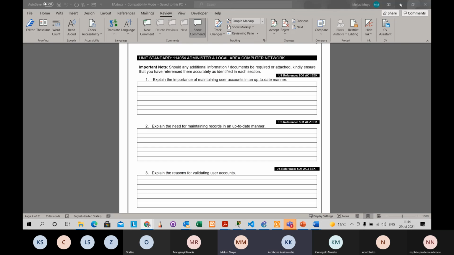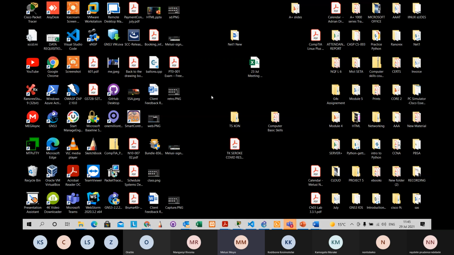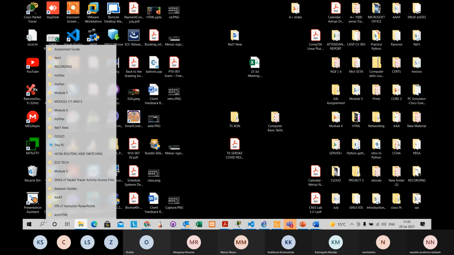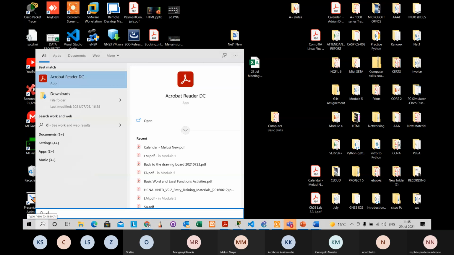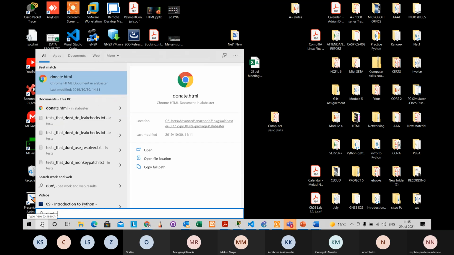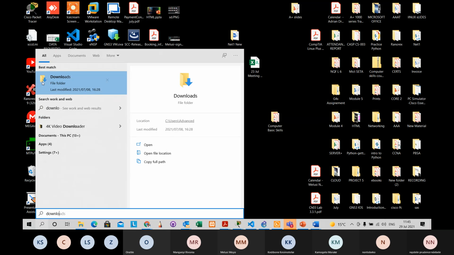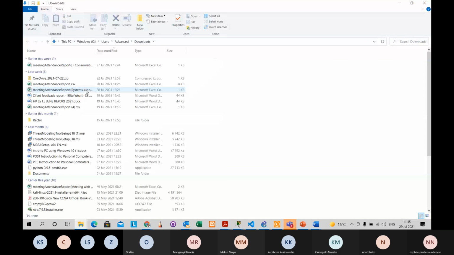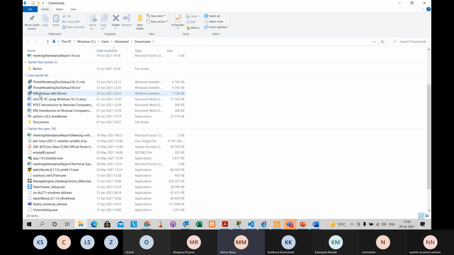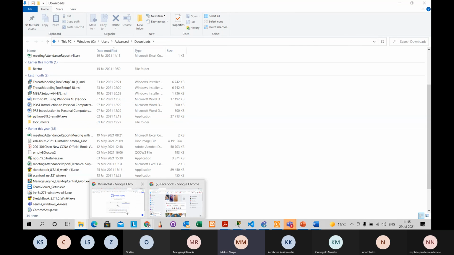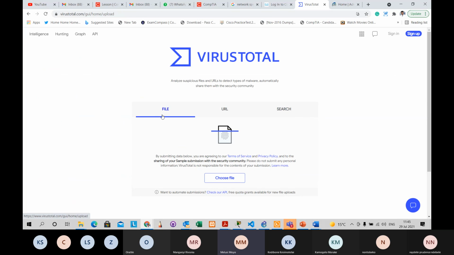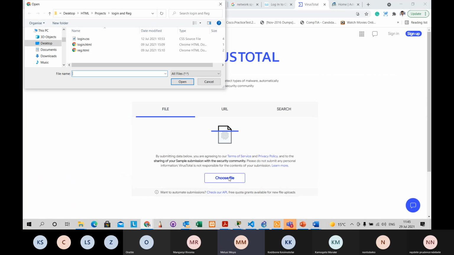And then let's say there is an application that I'm not sure is safe for me to use. Let me check my downloads. You see, I have this MPSA. Let me go back here, and I want to check a file. Choose a file from your computer.